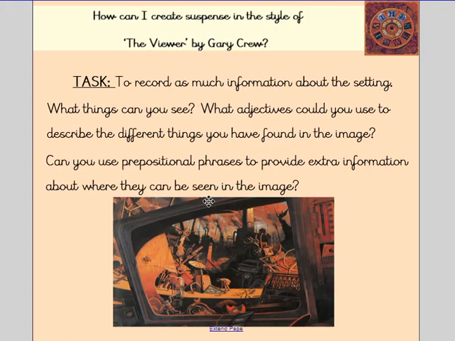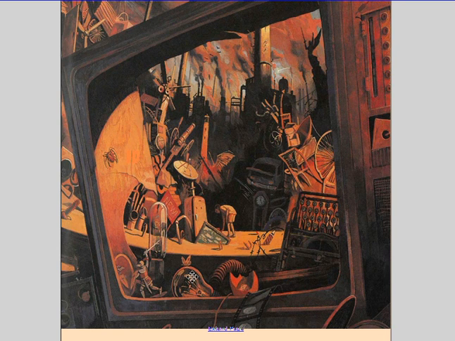I then want you to take those things from your mind map and create a descriptive paragraph about the city dump, so that if I had never seen that picture, I'd have a really clear picture in my head from reading your description. I'm going to leave the video on this image of the dump. You can flick back through the video if you need to go back to the prepositions or the examples of expanded noun phrases, but I want to see a really detailed description of this setting.